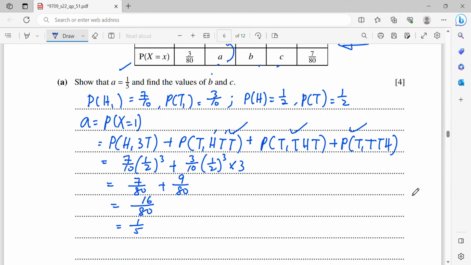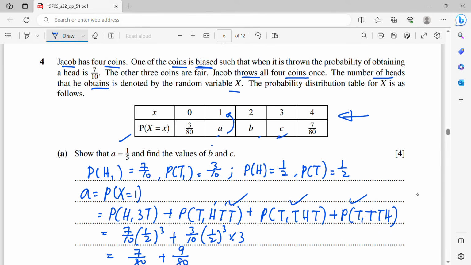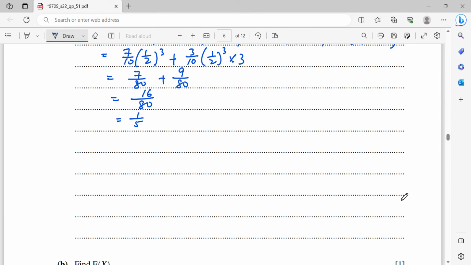Alright, so now, to get the C, I will count the C first instead of B, because it will be easier to count. So when X equals 3, so 3 heads. So now, the C is P(X equals 3). So when 3H means that you might get the biased coin show H, then another 2H and 1T.